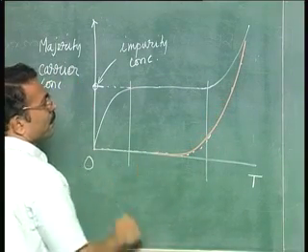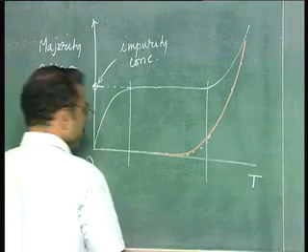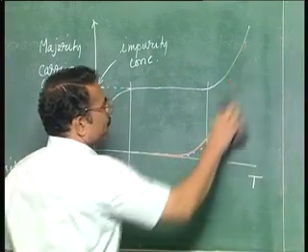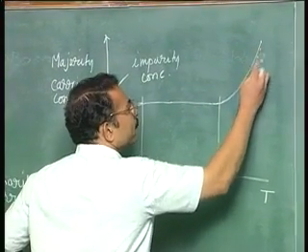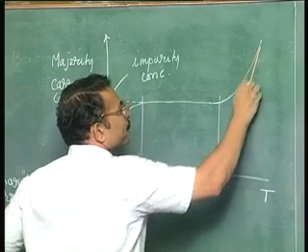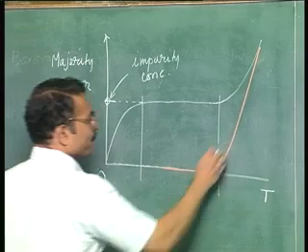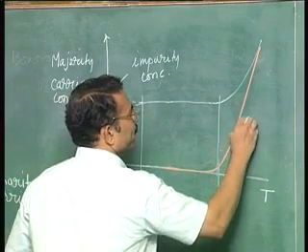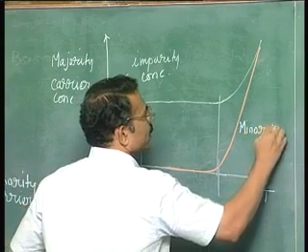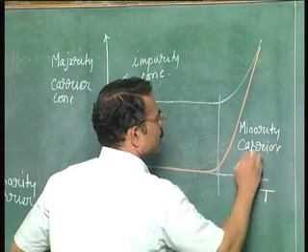Something like this. So this is minority carrier concentration.